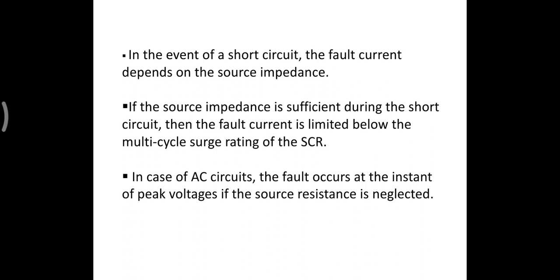So during the short circuit we have to provide sufficient source impedance for protection of the circuit. This fault current can be limited by using some impedances, so that the fault current is limited below the multi-cycle surge rating of the SCR.